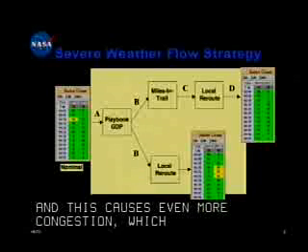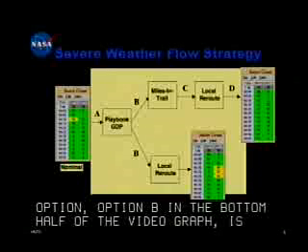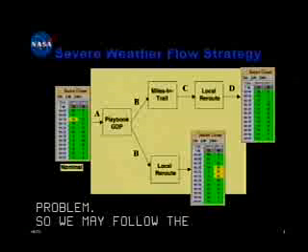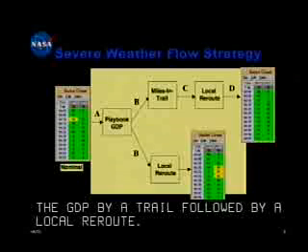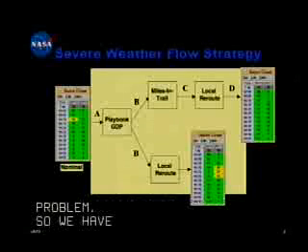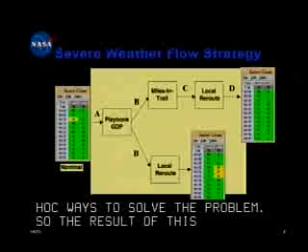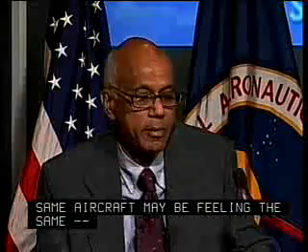Option B in the bottom half of the view graph is to take a local reroute. That doesn't seem to solve the problem. So we may follow the playbook and the GDP with miles in trail followed by a local reroute to completely solve this problem. So we have several ad hoc ways to solve the problem. The result is that the same aircraft may be feeling the same multiple effects, which might make it more delayed. Could I have the next view graph, please?